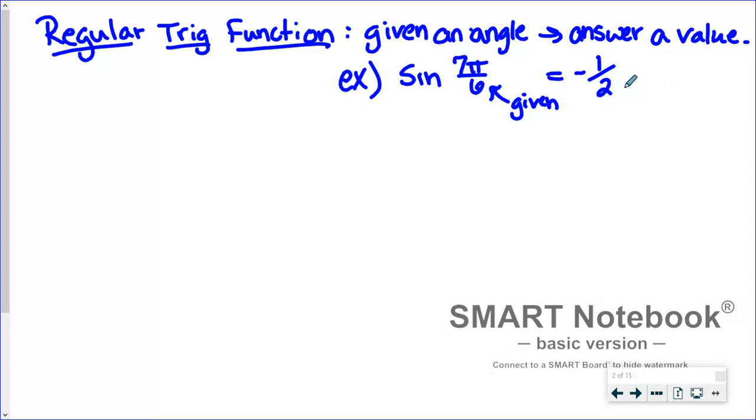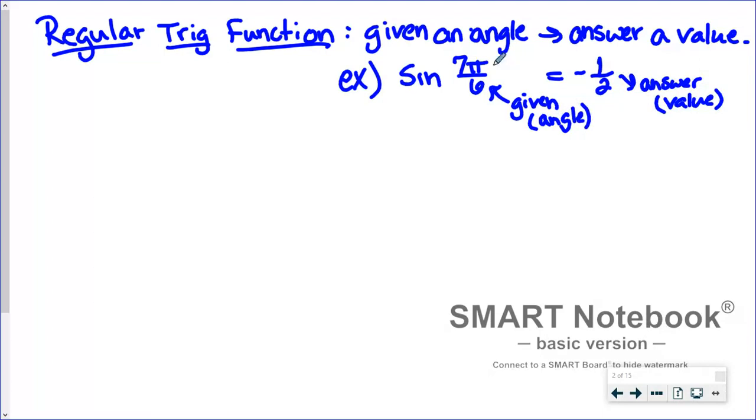So that's our answer. Of course, this is a value, and 7 pi over 6 is an angle.